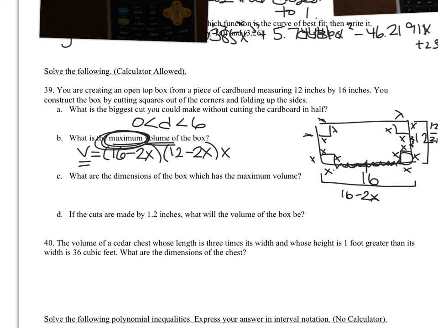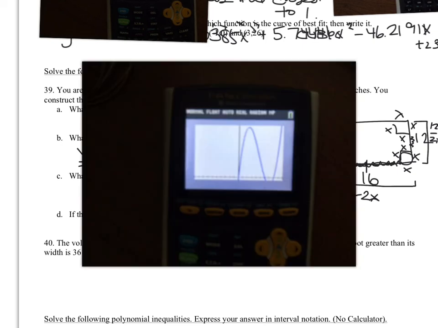So I'm going to find its maximum. And I'll go ahead and pull it up to show you.